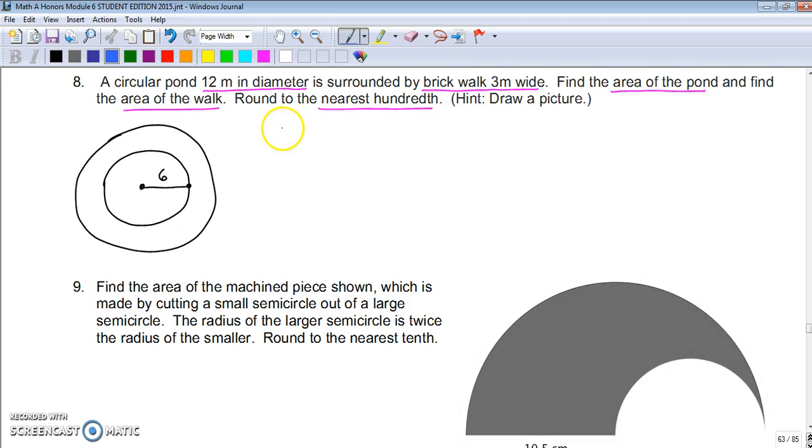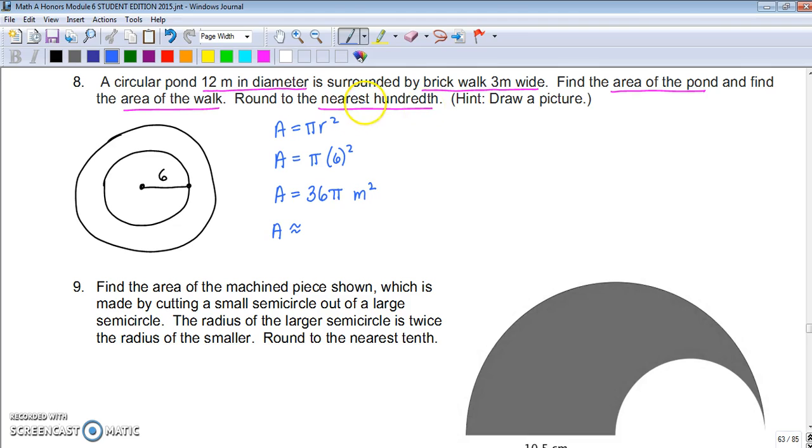So let's start by finding the area of the pond. And let's go ahead and round that. It does ask us to round to the nearest hundredth.